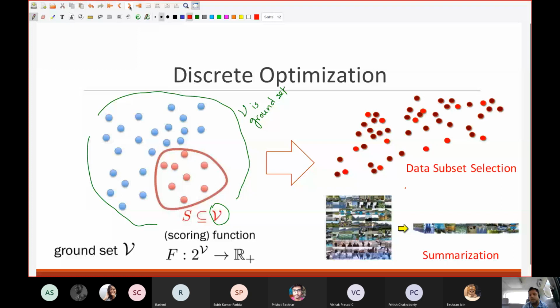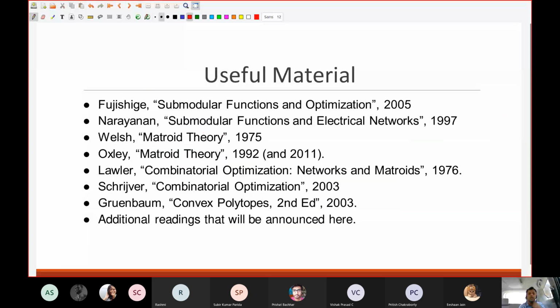There's a lot of useful material on this. Professor H. Narayanan, who retired from our own electrical engineering department, has talked a lot about submodular functions and electrical networks. Unfortunately, you won't find any ready-to-use textbook on ML aspects.